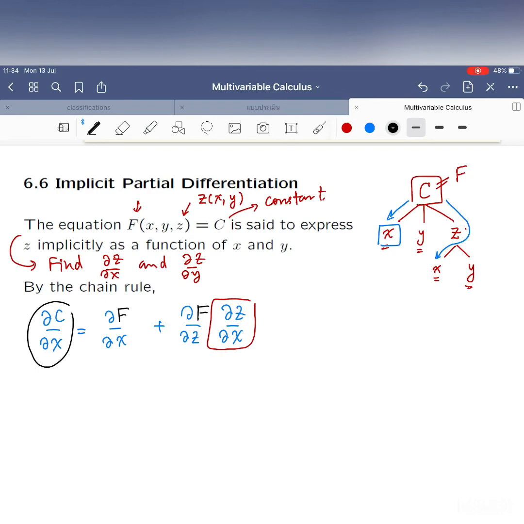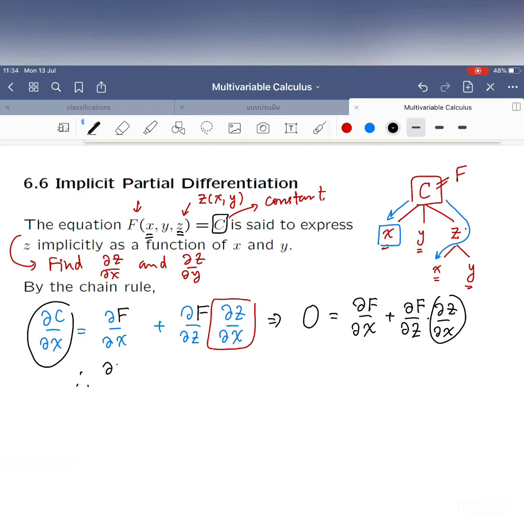Because you know that the derivative of a constant is simply 0, so you have a 0 on the left-hand side, and then you get dF by dx, because your capital F contains a variable x, and then dF by dz, because your capital F contains a variable z. And this dz by dx is the one that you really need.